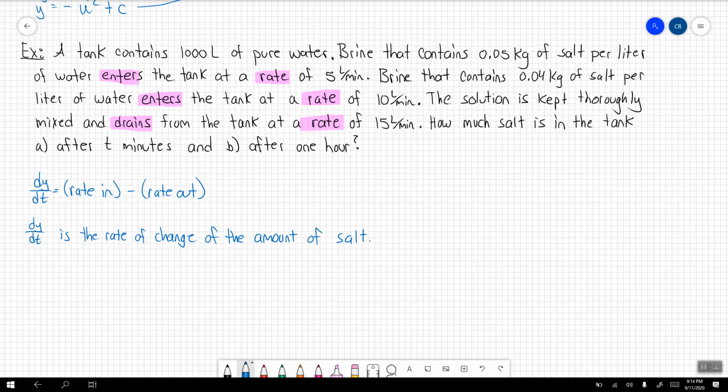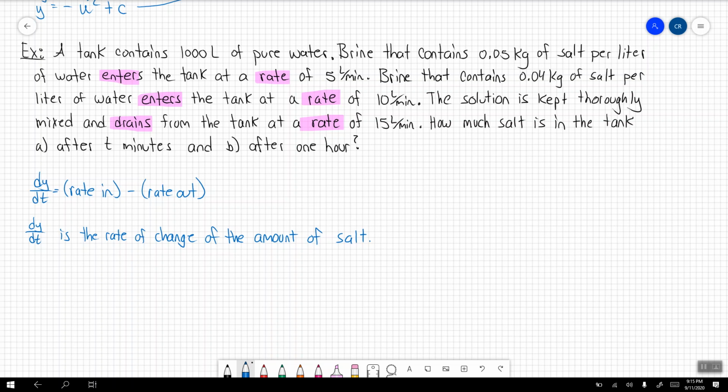Now, this is going to be beneficial, because if dy dt is the rate of change of the amount of salt, then naturally when I take the antiderivative, I should only be left with the amount of salt that we have. All right, so that's what we want to keep in our minds.